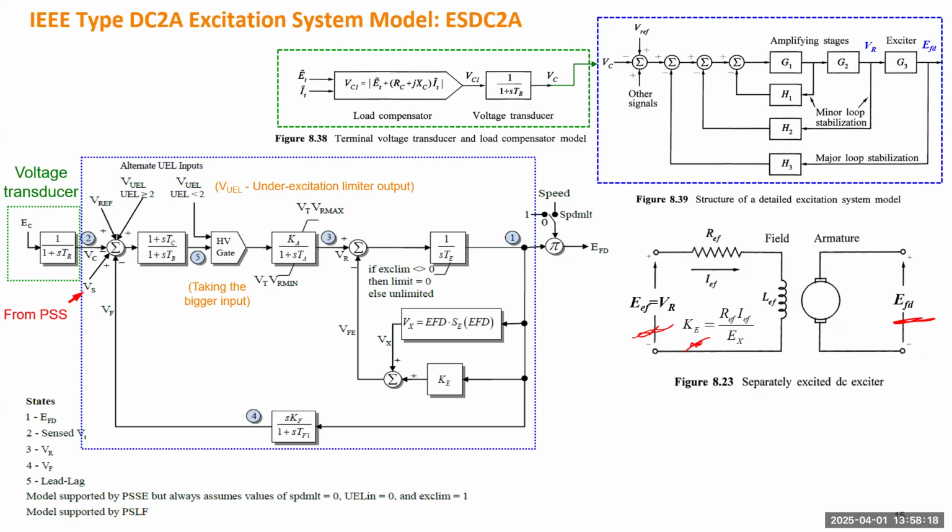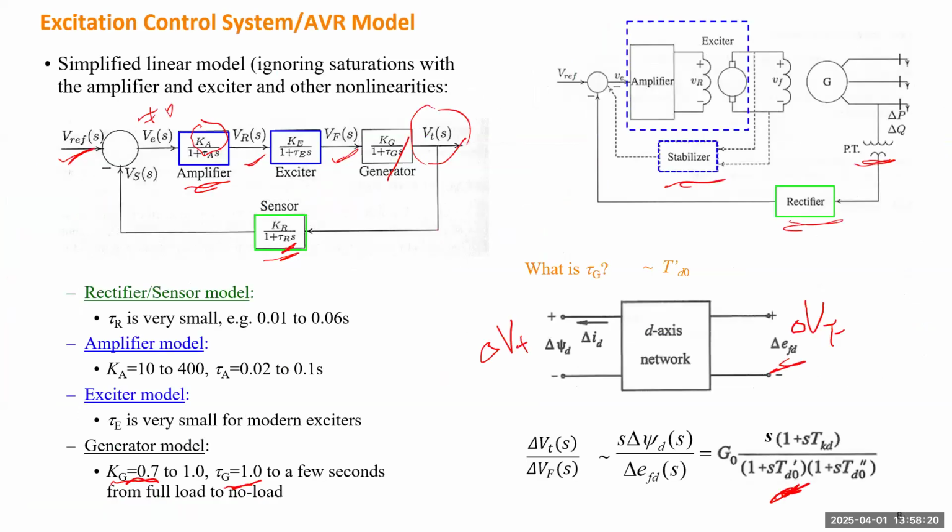KE actually depends on the design of the exciter as a DC generator, and tau E is actually the time constant of the DC generator. Okay, similar to tau G, which is the total time constant of the synchronous generator. So this is also another generator, a DC generator, similar to our bigger synchronous generator.